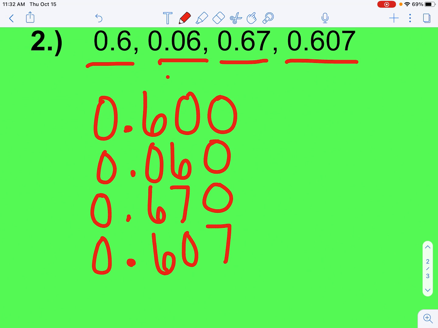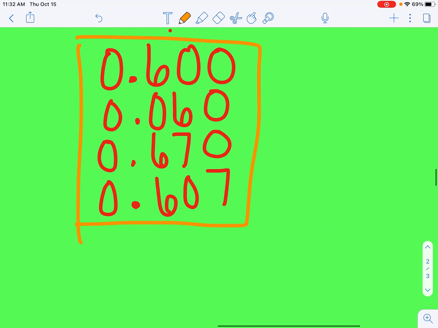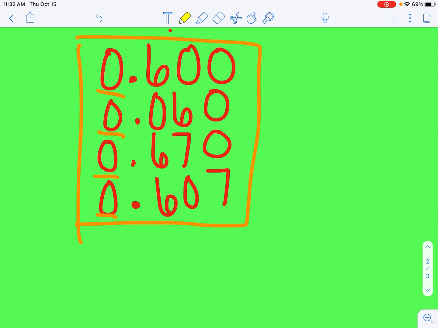Alright, now I like to add my zeros so that all my numbers look the same. I'm just going to box this so my answer doesn't get all mixed up. Alright, so I look at my first number. I see they're all zeros, so it doesn't mean anything. So then I go to the next number.